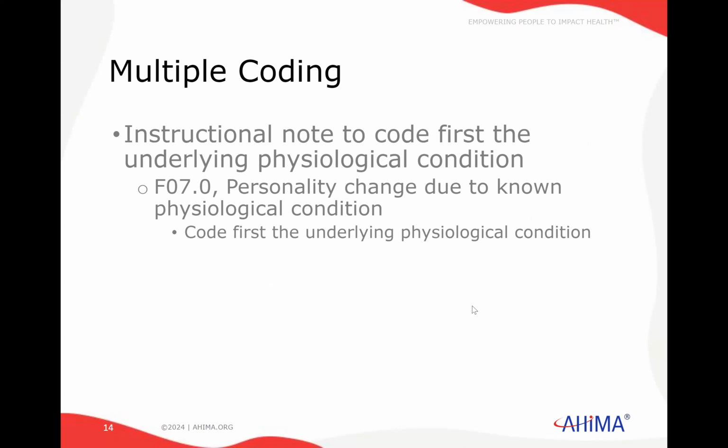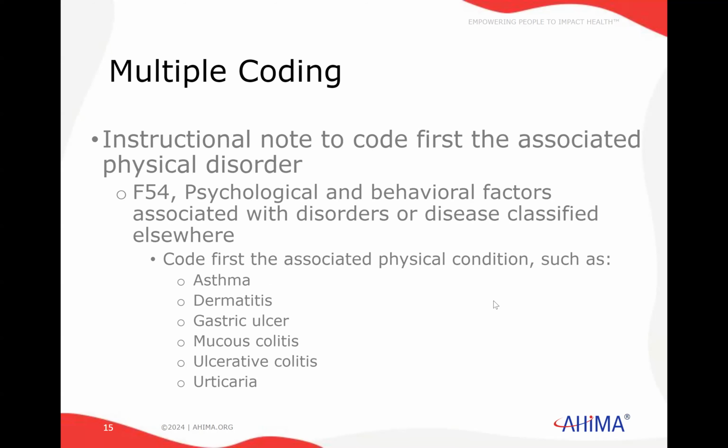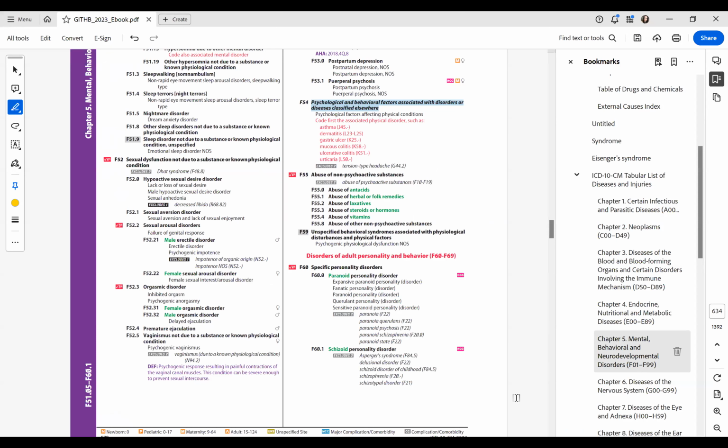And likewise, you'll see similar notes in F07.0, personality change due to known physiological condition. Other notes under F54, psychological and behavioral factors associated with a disorder or disease classified elsewhere. Let's take a look at F54. And again, very important to look at some of these right here.